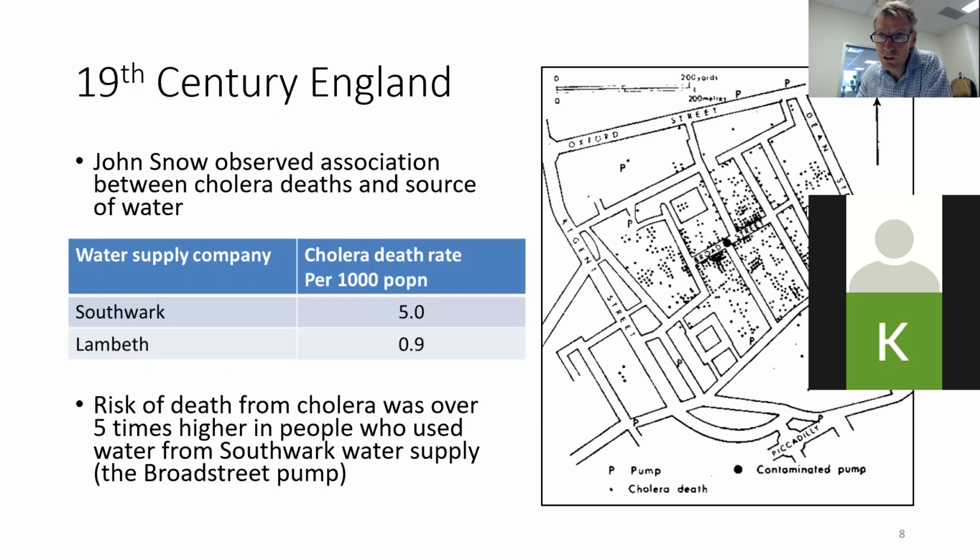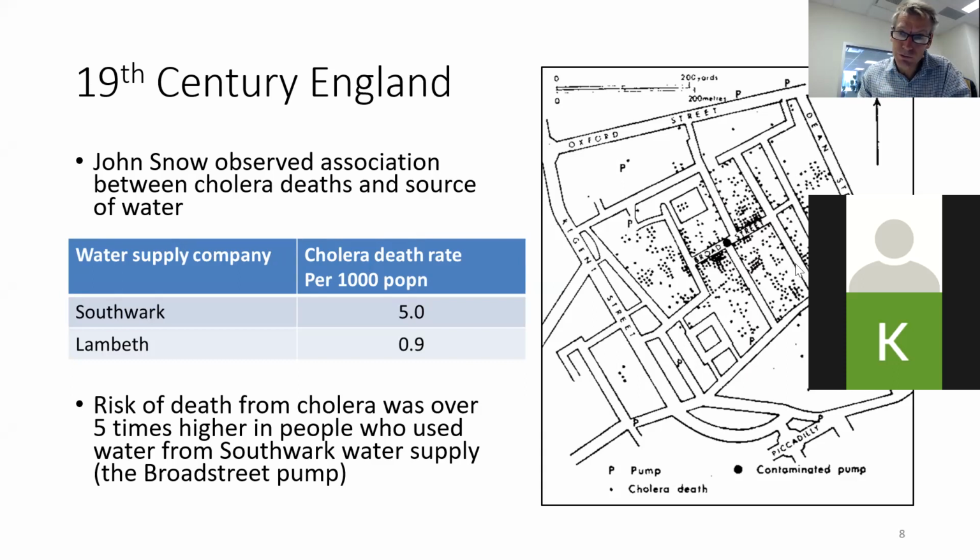Okay, this is a very good example of descriptive epidemiology. Some of you might have heard me talk about this before, but even before there was the word epidemiology, the first epidemiological study was this, and this is a map by a man called John Snow, who was a physician in London in the 1800s, in the 19th century, and there was a big cholera outbreak where many people were dying of cholera.